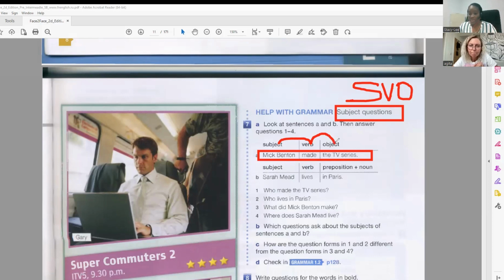All right? So here we have Mick. Mick Benton made the TV series. Series, very good. So how do I make a question that this is the answer for?